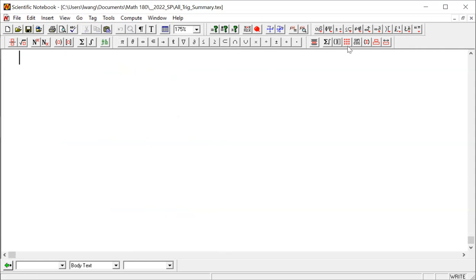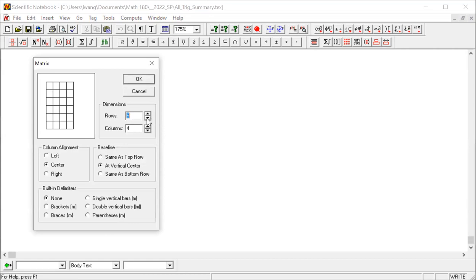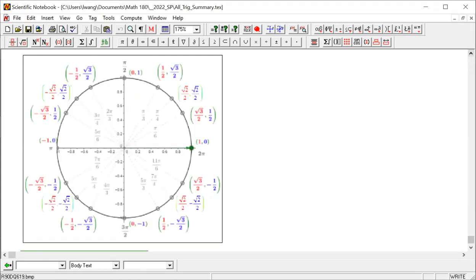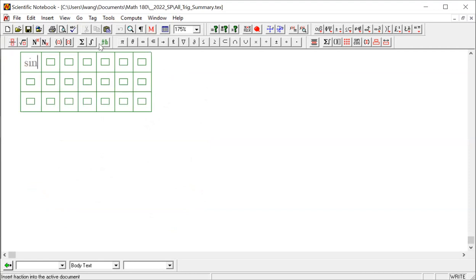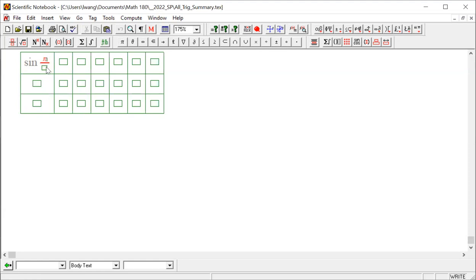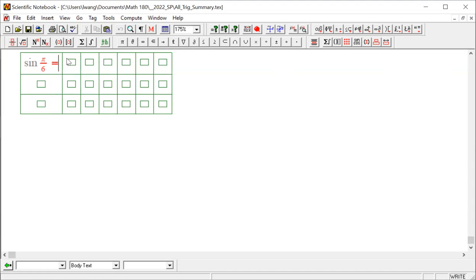If we make a table that has multiple columns, over here I know the sine of pi over 6 is half.